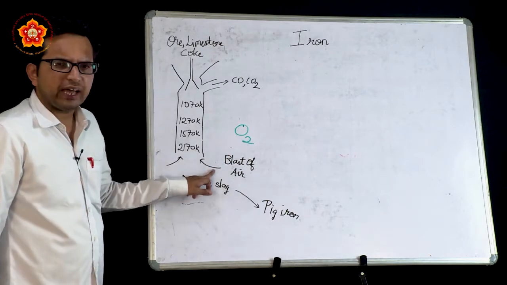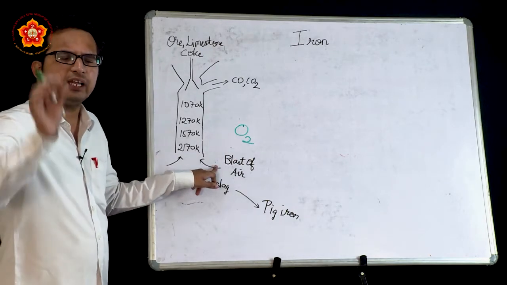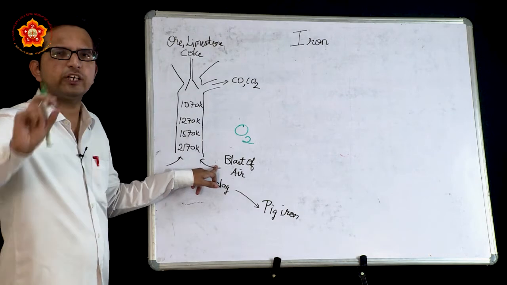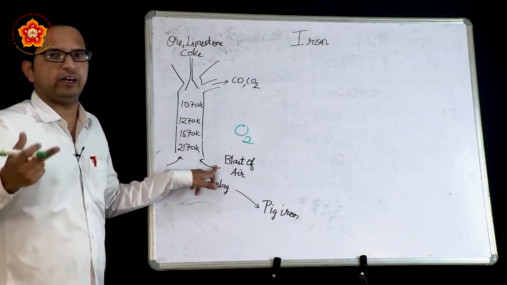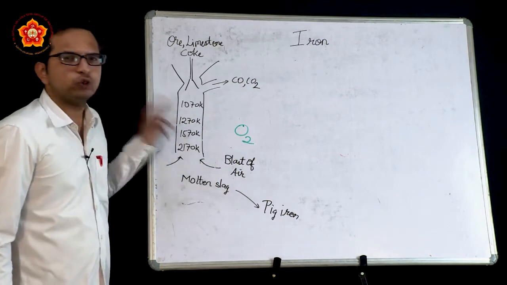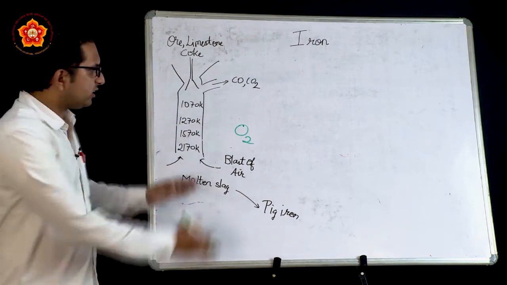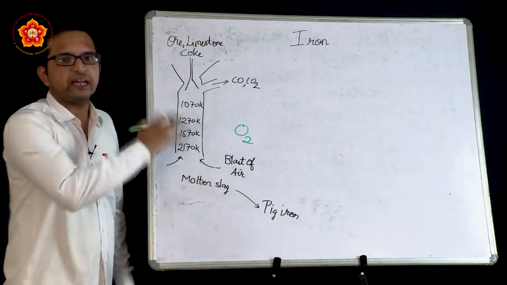The oxygen gas sees to it that if at all any iron metal is not roasted or calcinated, which we have studied earlier, it completes those reactions. So what are the reactions that tend to happen here? Let us see now.